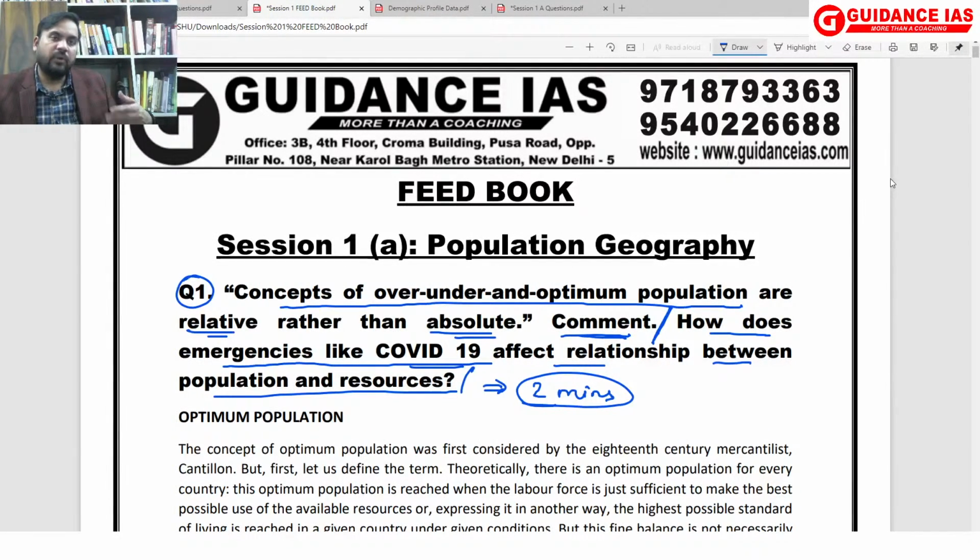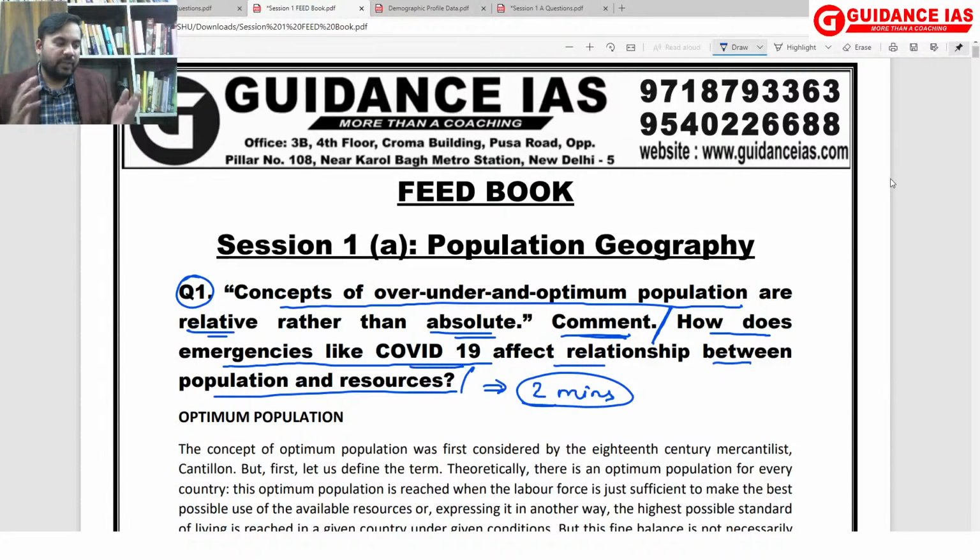We will do this for most of the questions. If I give all the questions first, that surprise element would be gone, and that is what I don't want. I want you to become more independent rather than dependent upon me. It is beneficial for both of us. It is beneficial for me because if you become independent, I will have less burden.